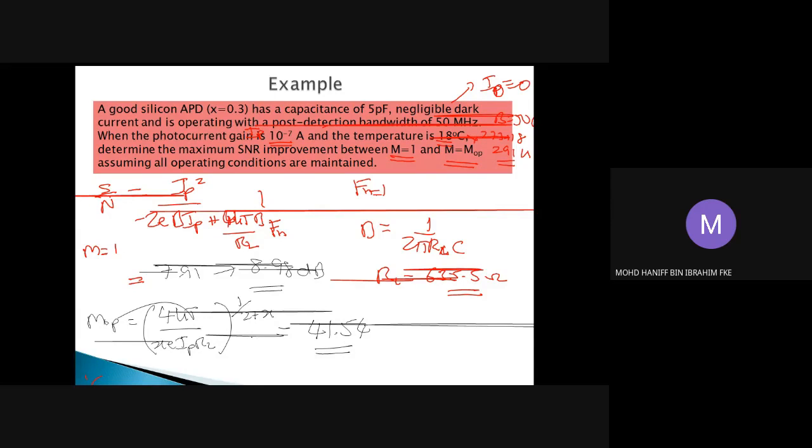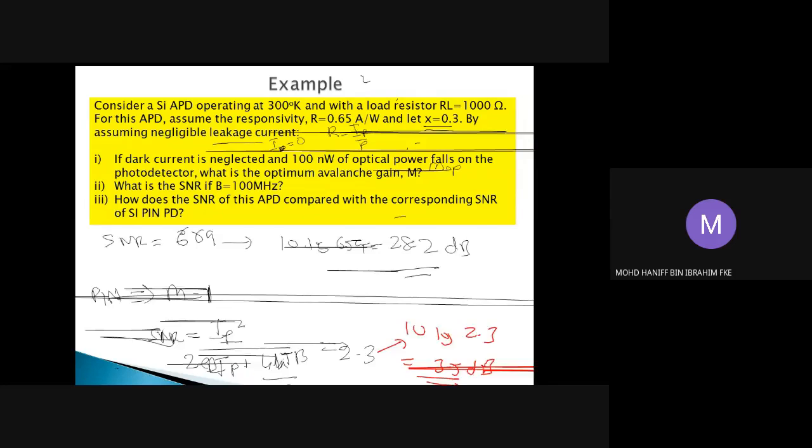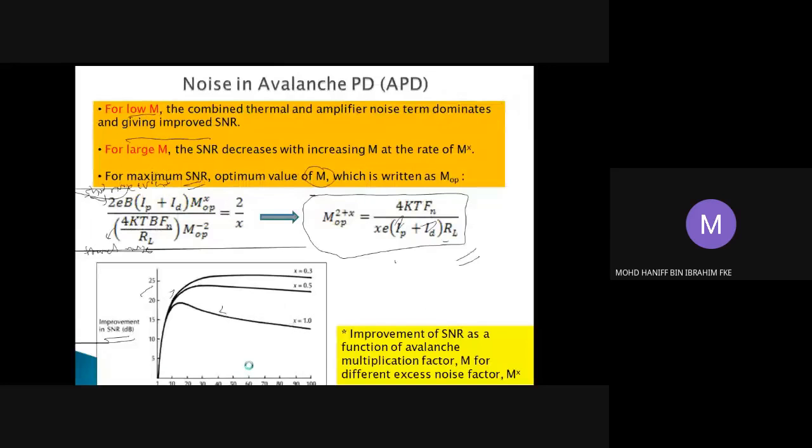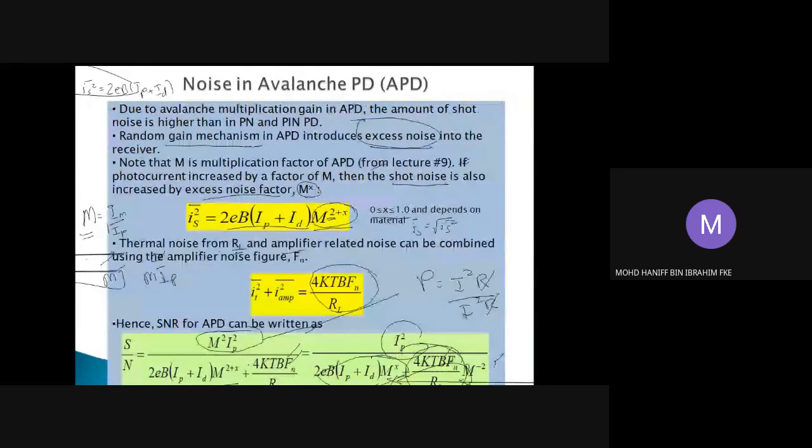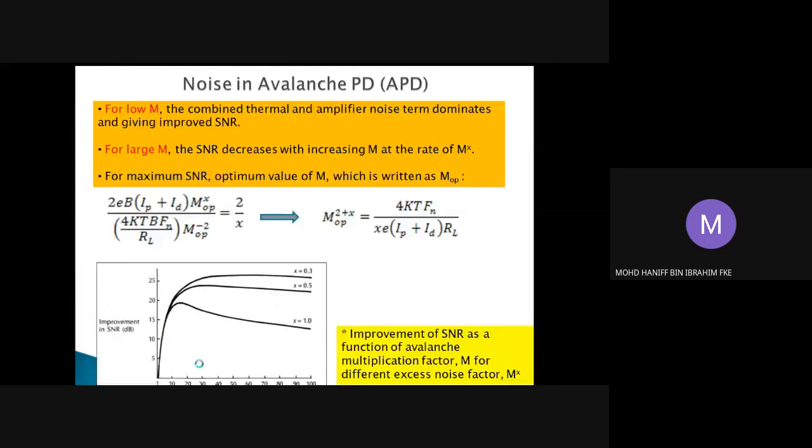From here, you need to substitute this optimum M value in the calculation of signal to noise ratio, based on these equations down here for the case of APD. Sorry, I have to go back to this slide. So substitute the M optimum just now, which is 41.54. All information is known.